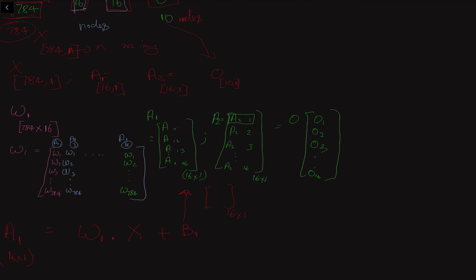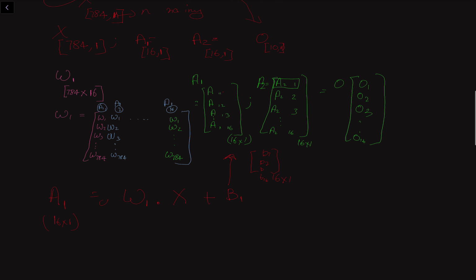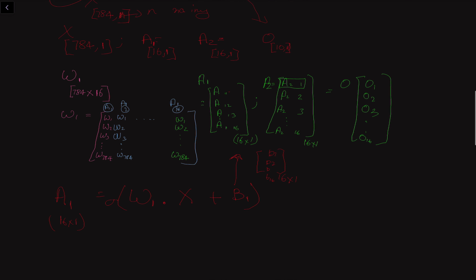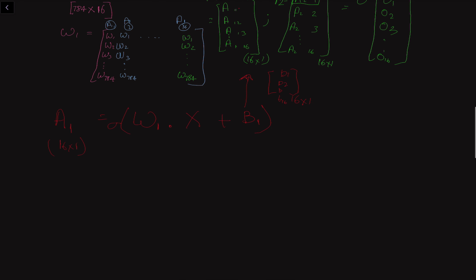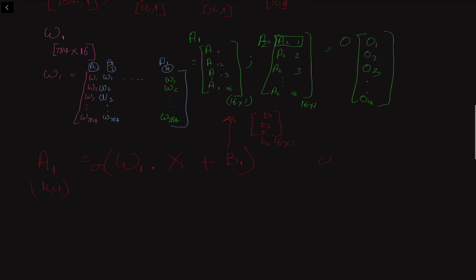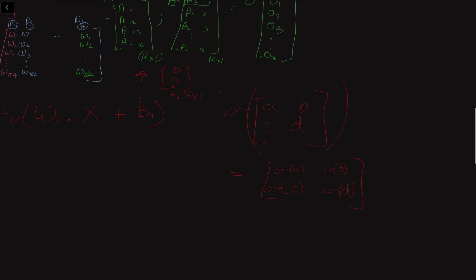For each node there will be a bias term, so it will be B1, B2, B3, so on, B16. Okay, we need to do sigma. All right, the sigma doesn't change the dimensions. That means if I put a sigma on a matrix, let's say A, B, C, D, that means it's just going to be a matrix and each element will be sent through the sigmoid function. That's what the sigma means.